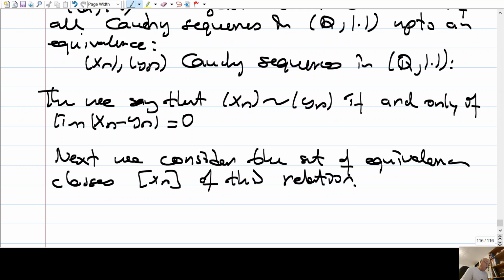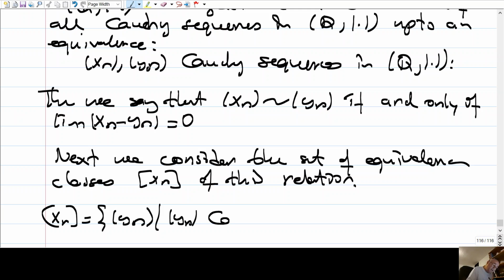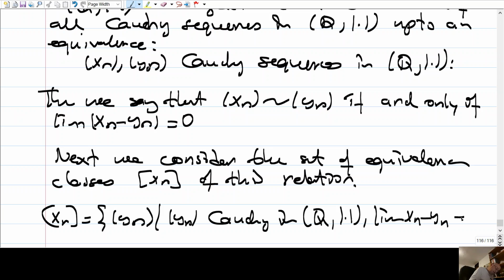This means all Cauchy sequences in Q so that their limits are the same. So this is the set of all Cauchy sequences. This is Cauchy in Q with absolute value, and the limit of xn minus yn is 0.